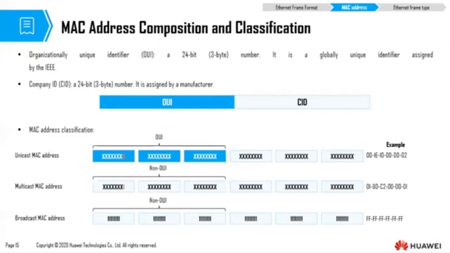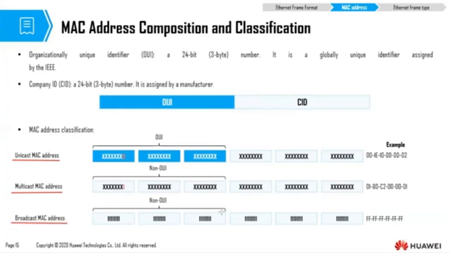Now, we have 3 MAC address classifications. The first one is called unicast. You remember unicast messages? It simply means we are going to be sending one-to-one messages. Then multicast is one-to-many, and broadcast is one-to-all.